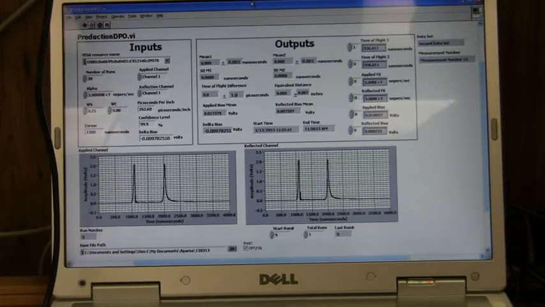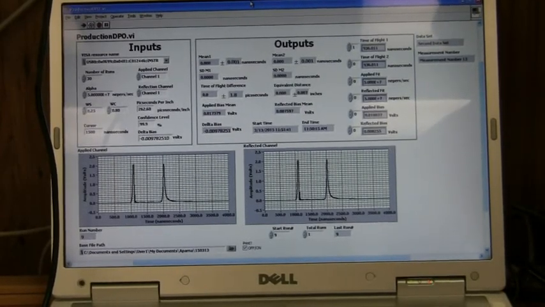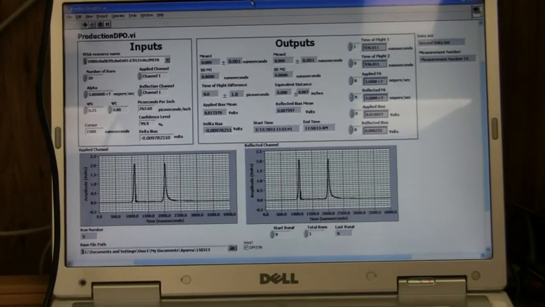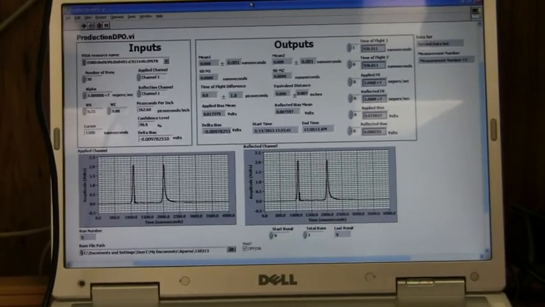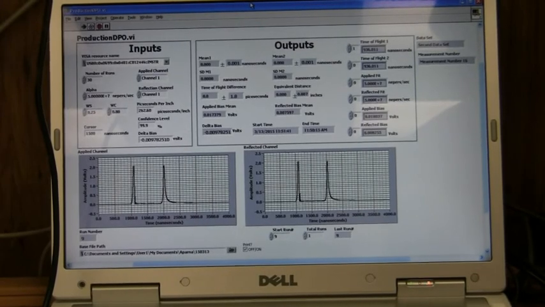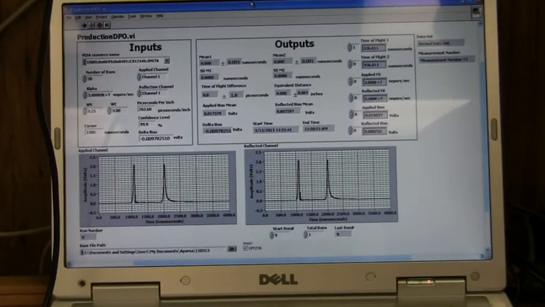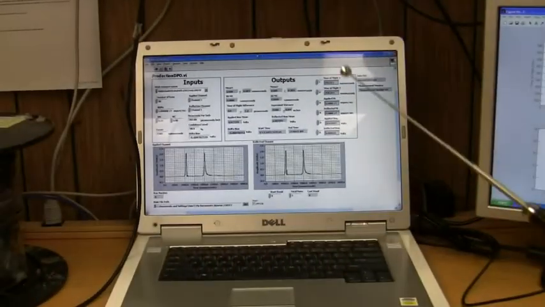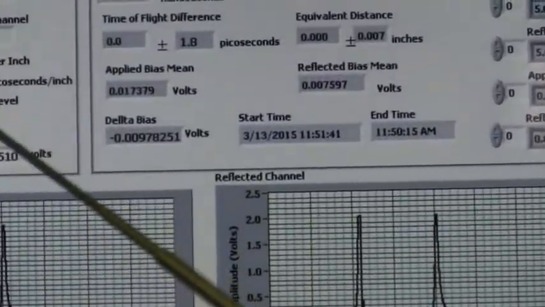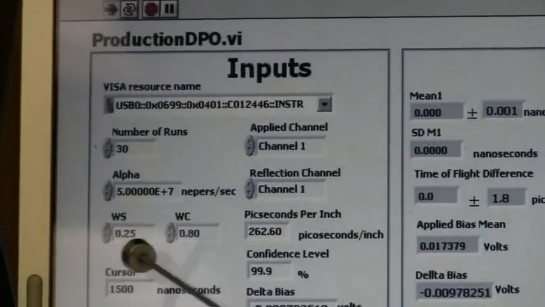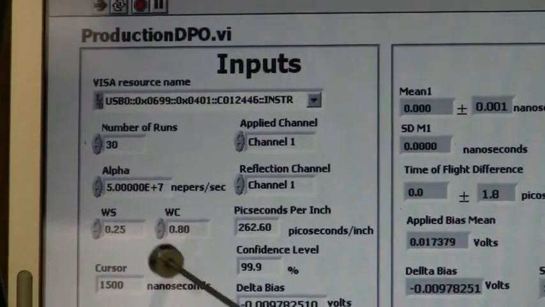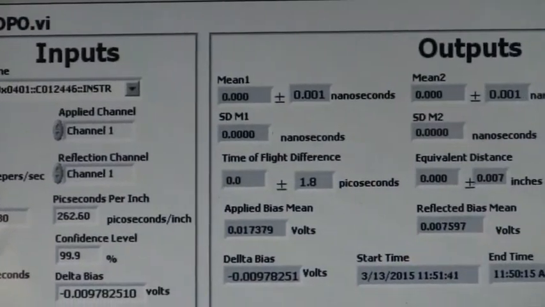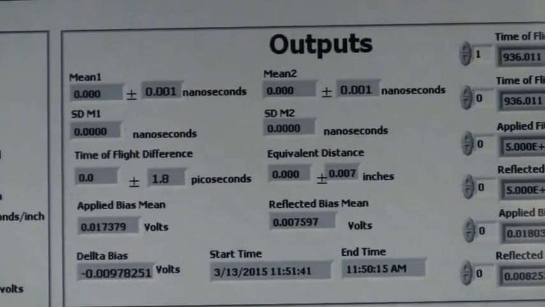We call this our faceplate on our TDR. It has a lot of parameters that we can adjust, and the measurements that we make with the TDR. If we look at it, it's separated into inputs, these are parameters that we input, and the primary measurements over here on outputs.